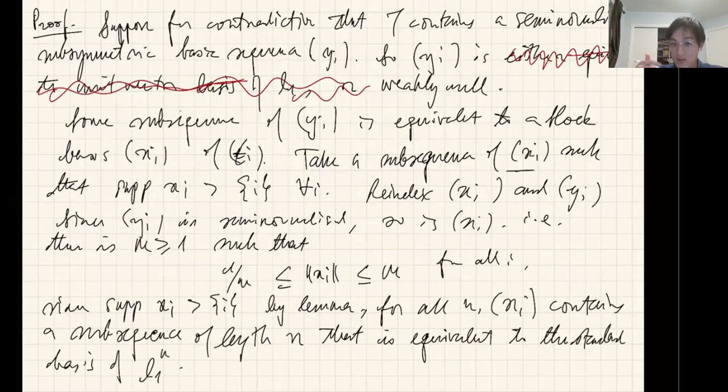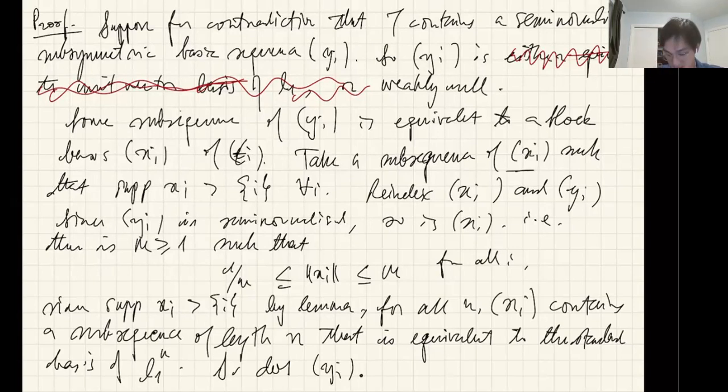Okay, and since xi contains a subsequence of length n that's equivalent to the standard basis of L1 to the n, so does yi, right? Because they're equivalent, so you take chains of equivalences. So yi has these finite subsequences of length n that are equivalent to the standard basis of L1 to the n.